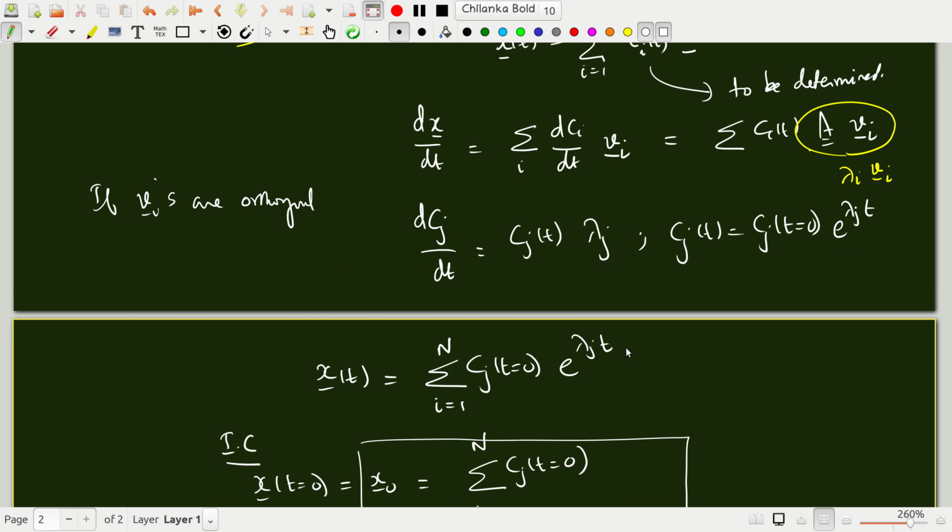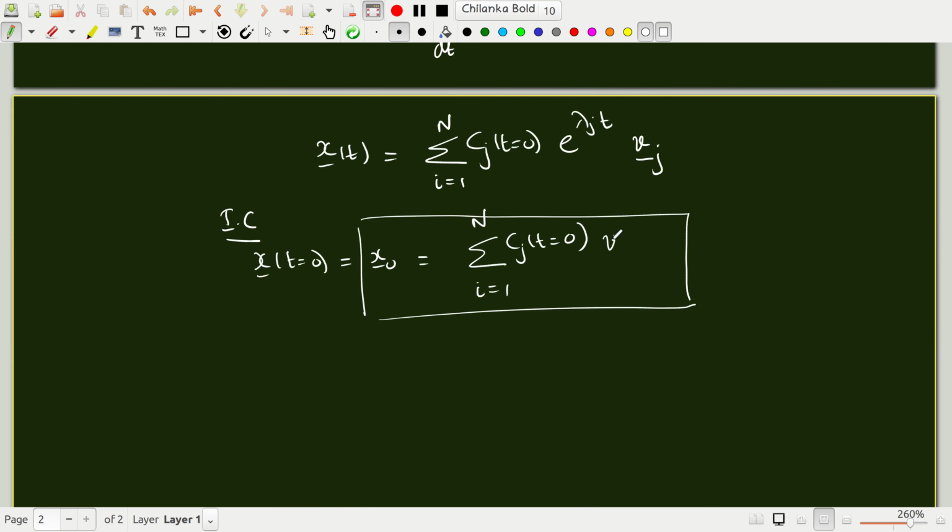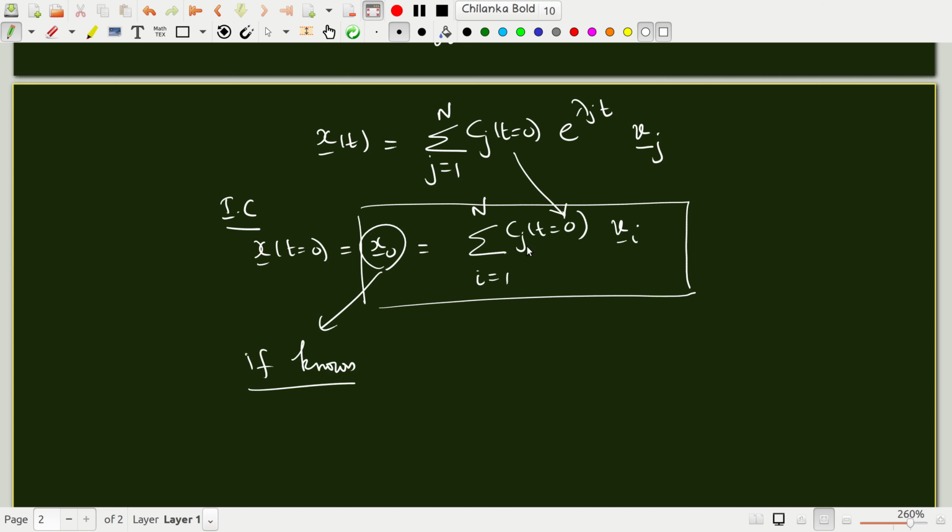Sorry, I have to write vj, because remember there is vj here, so I have to write vj or vi here, because here everything is written in terms of j, so I have to use j. So the cj at time t equal to 0, because it is known, the initial condition, if it is known, then we can find the cj's by using this expansion.